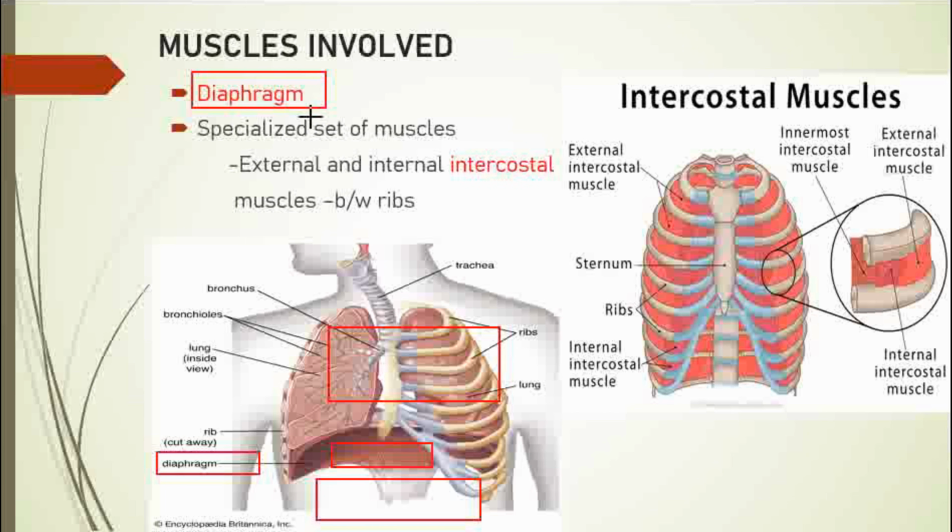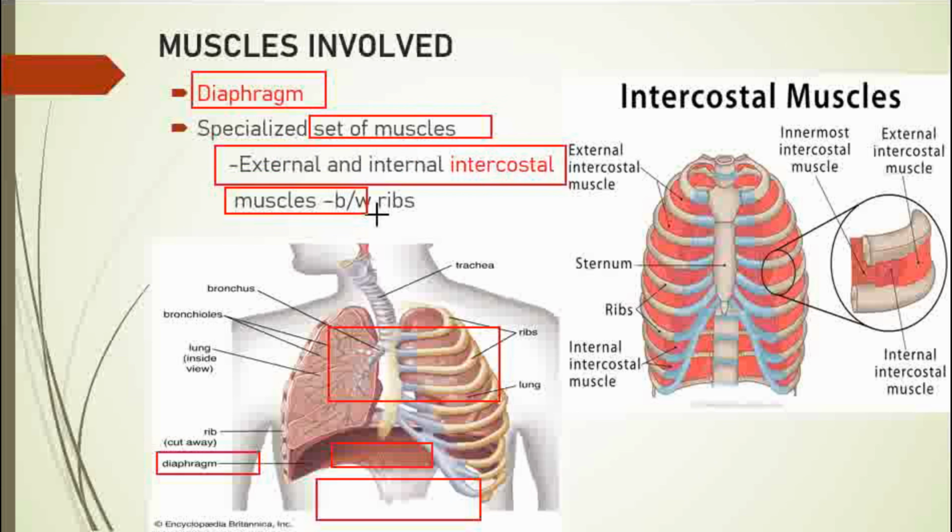Another muscle: there is a specialized set of muscles called the external and internal intercostal muscles. Where are they? They are between the ribs.